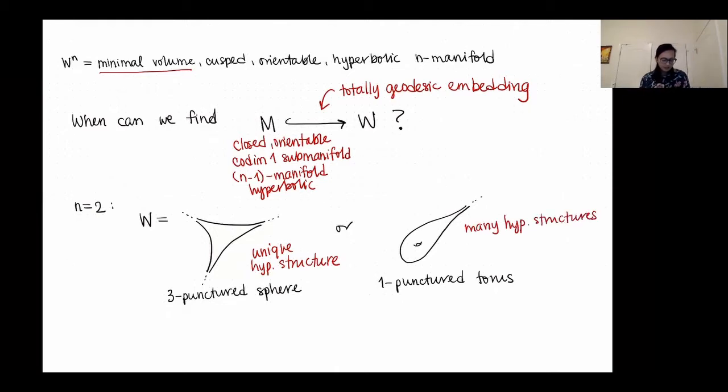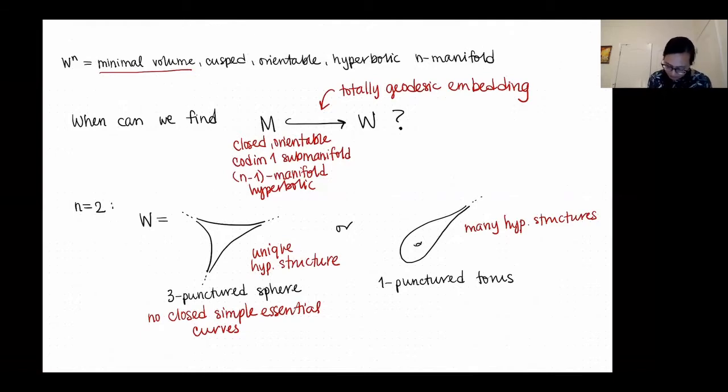In the 3 times punctured sphere, with this unique hyperbolic structure, you can see that there are no closed simple essential curves. Once you put in the hyperbolic metric, you'll see that there are no closed embedded geodesics.